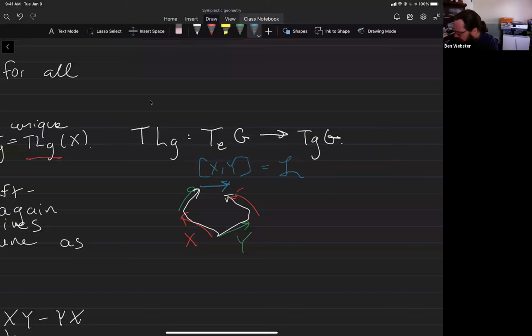We can also write that as the Lie derivative with respect to X of Y. So it's about the failure of the flow with respect to X and the flow with respect to Y to commute.